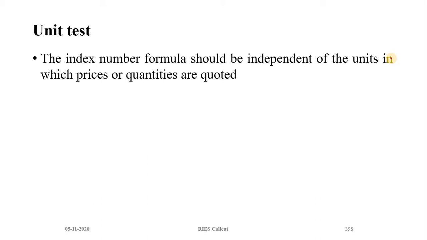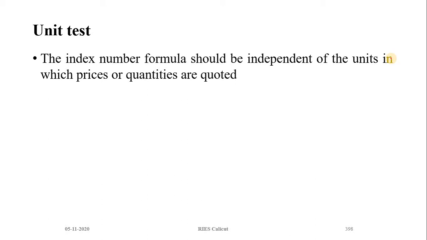Some commodities are measured in meters, some in liters, some in kilograms, some in grams, some in dozens, some in numbers. Since many commodities are measured in many different units, this unit of measurement should not influence the index number calculation or the index number value.